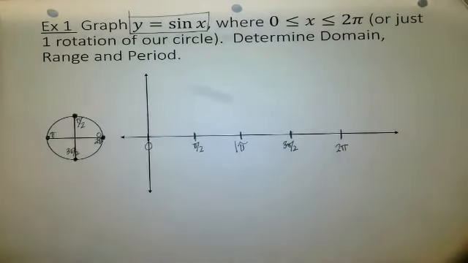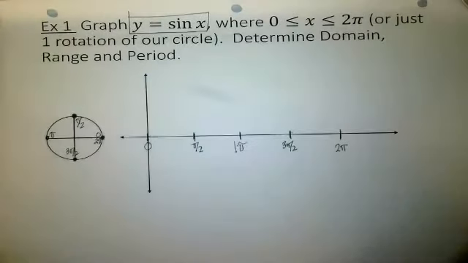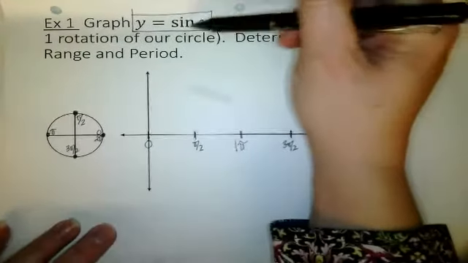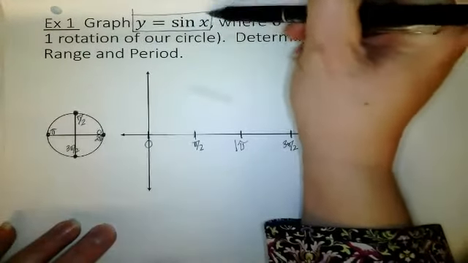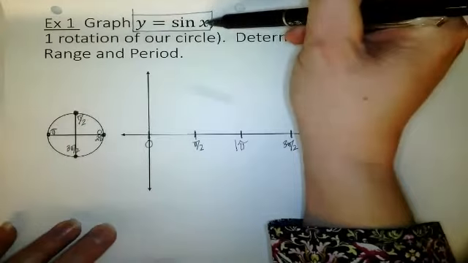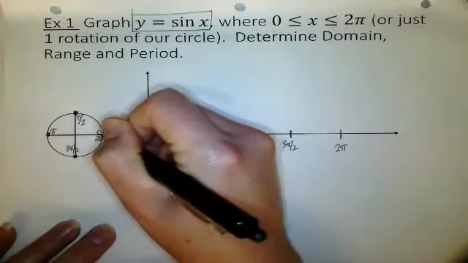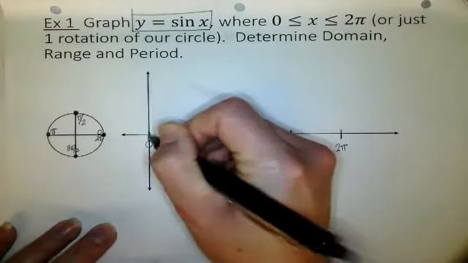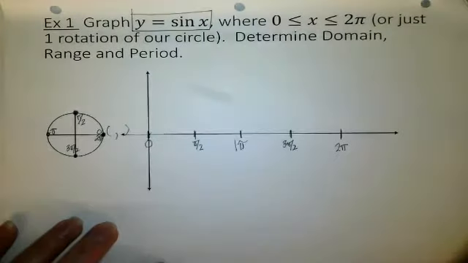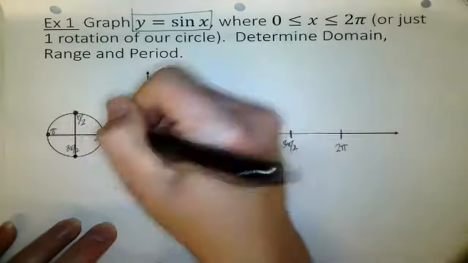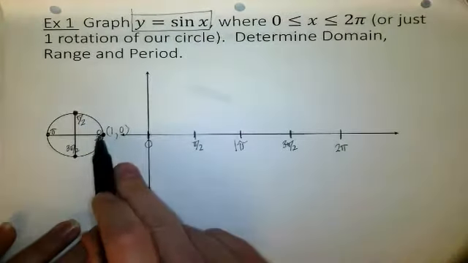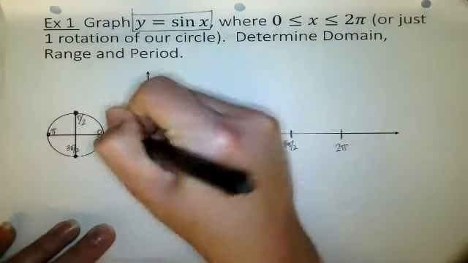And then we want to talk about the actual sine values as we rotate around our circle. So if we were to start right here at 0, what's the ordered pair at 0? 1, 0. What is the sine value then at 0 radians? 0, sure.